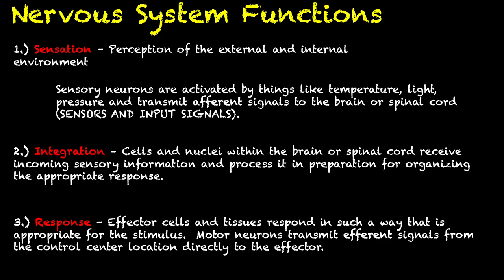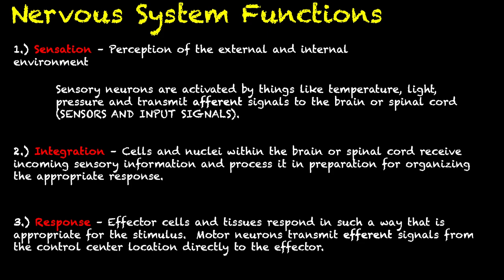The nervous system also functions in getting a response to occur. So effector cells are not actually a part of the nervous system. Your muscles, your heart, your glands, they are not part of the nervous system, but the nervous system plays a crucial part in getting information relayed to those effectors so that we can get our response to occur the right way.